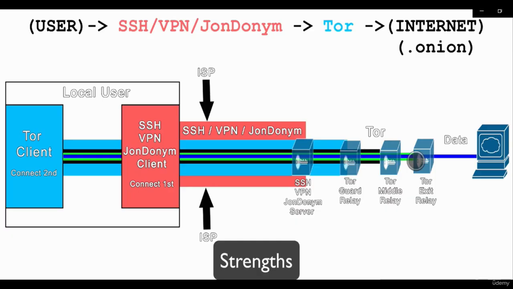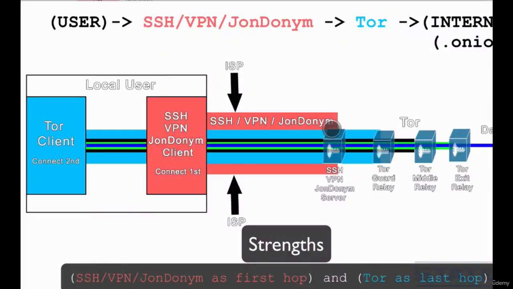The SSH, VPN, JonDonym server creates an extra layer for the incoming attack. Then the layer goes next to the Tor guard relay and Tor middle relay, and finally the layer is stopped by the Tor exit relay.